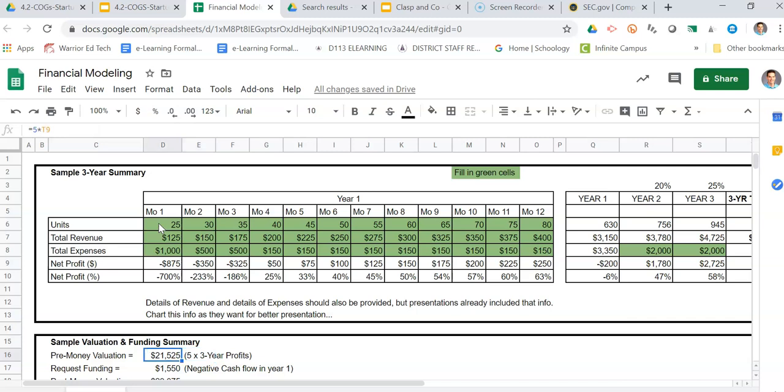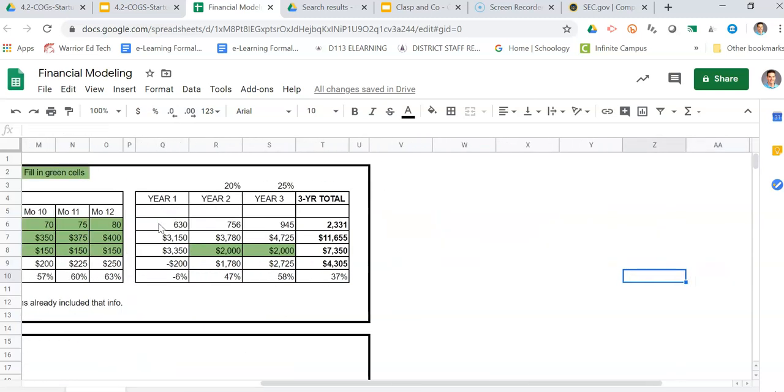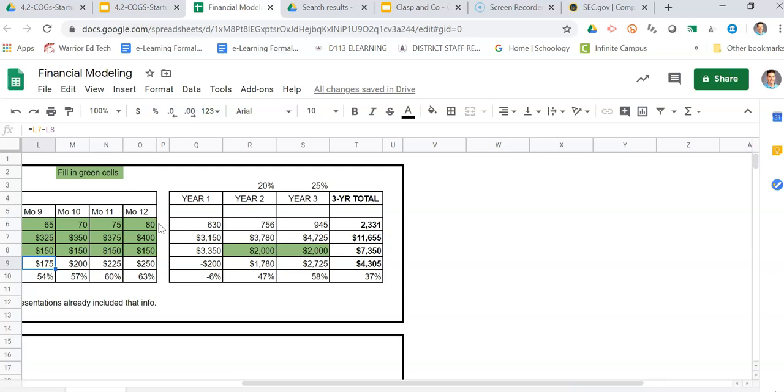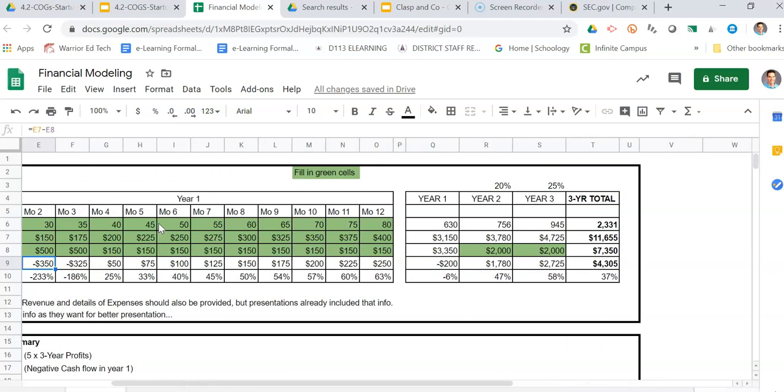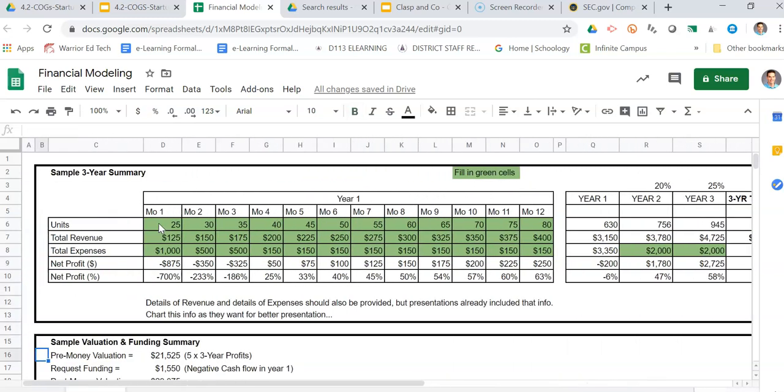Basically, they just take their 3-year profit number, which I pulled from up here. If I go over here, I've got my 3-year profit number, and I multiply it by 5. So my 3-year profit times 5 comes out to 21,525. Then I have to look at the beginning of my model.